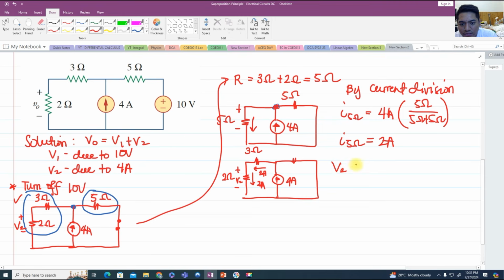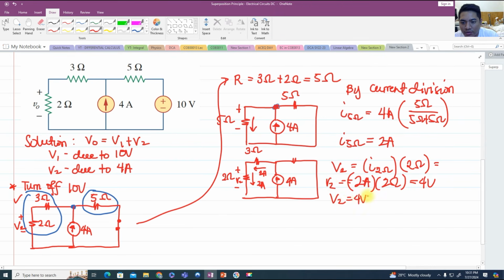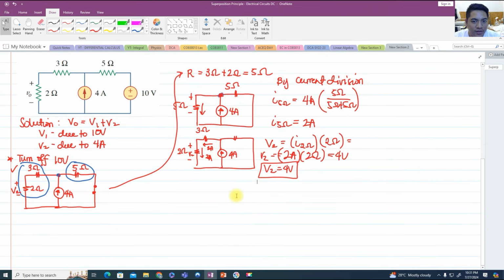The V2 is simply the current through the 2 ohms multiplied by the resistance itself. Since they are connected in series, that would be 2 amperes multiplied by 2 ohms. So that is 4 volts. So we have V2 of 4 volts. That's not the answer; that is due to the current source, 4 amperes.